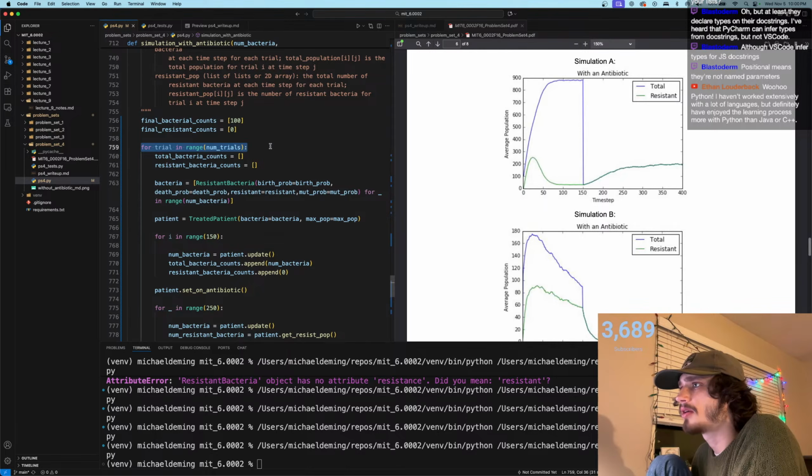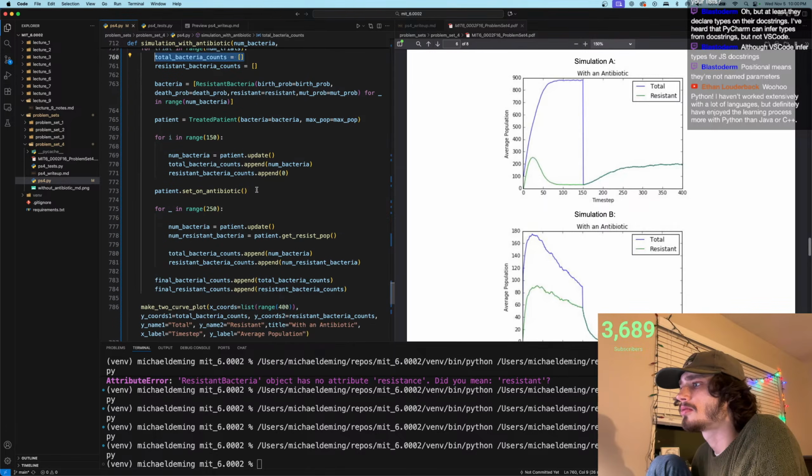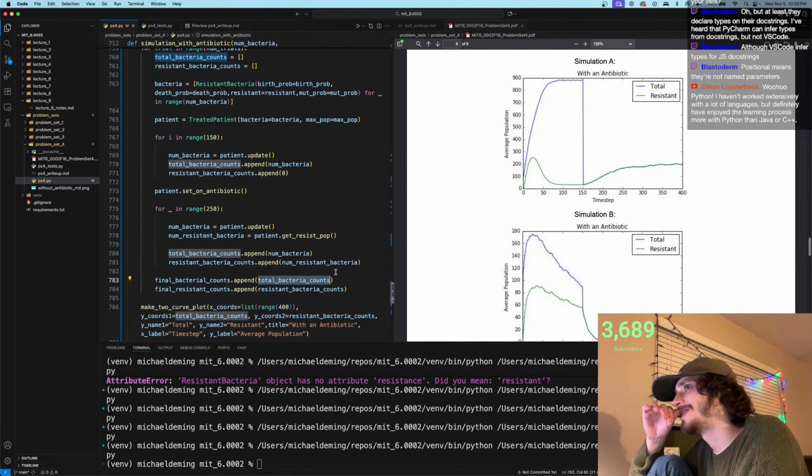We go through the trials. We instantiate a list. We then append the average total bacteria counts.